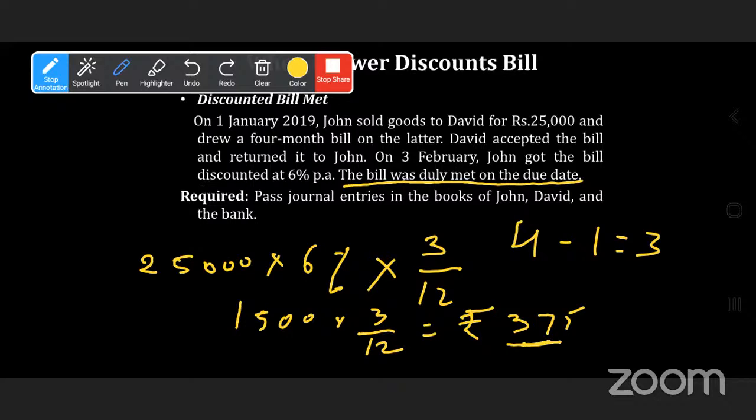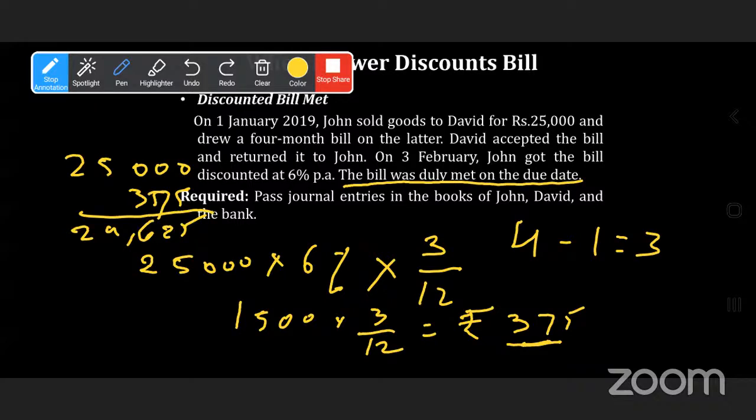You have to give the amount, that is 25,000 minus 375. What is the amount? 24,625.